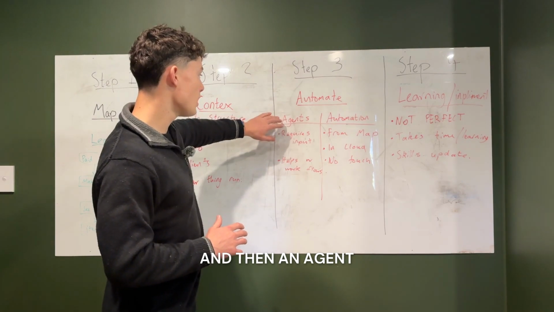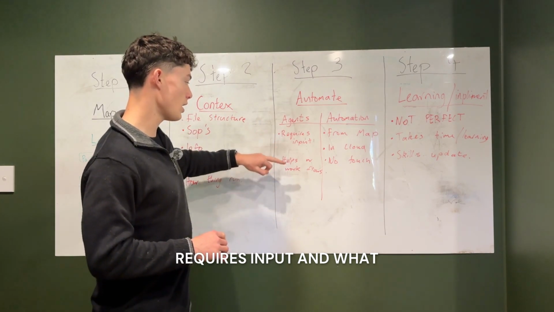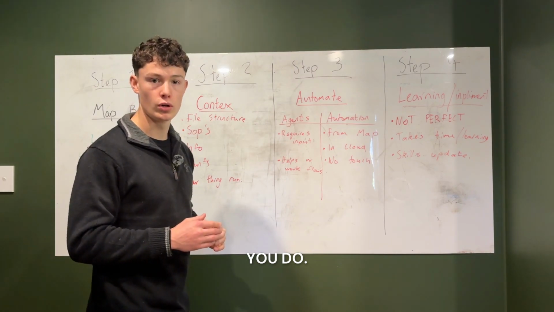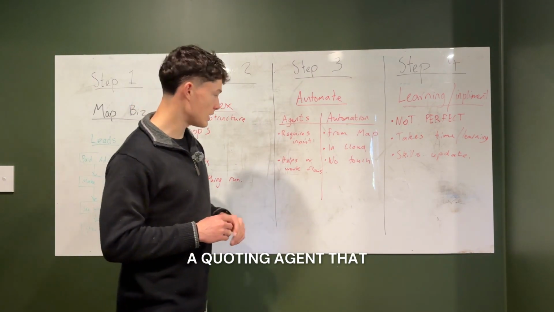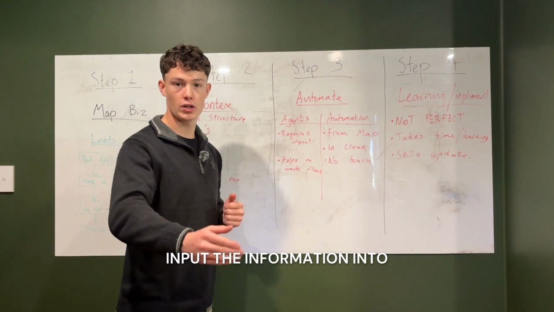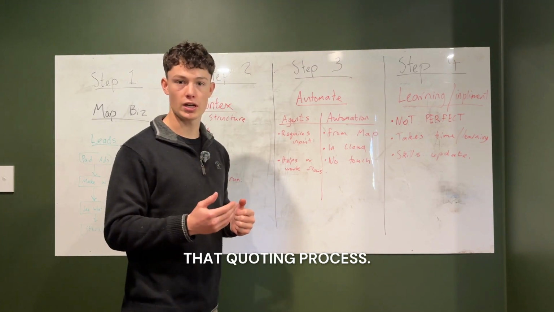And then an agent automation is one that requires input, and what it does is help with workflows that you do. So if you had a quoting agent, you would have to input the information into the agent, but it would help speed up that quoting process.